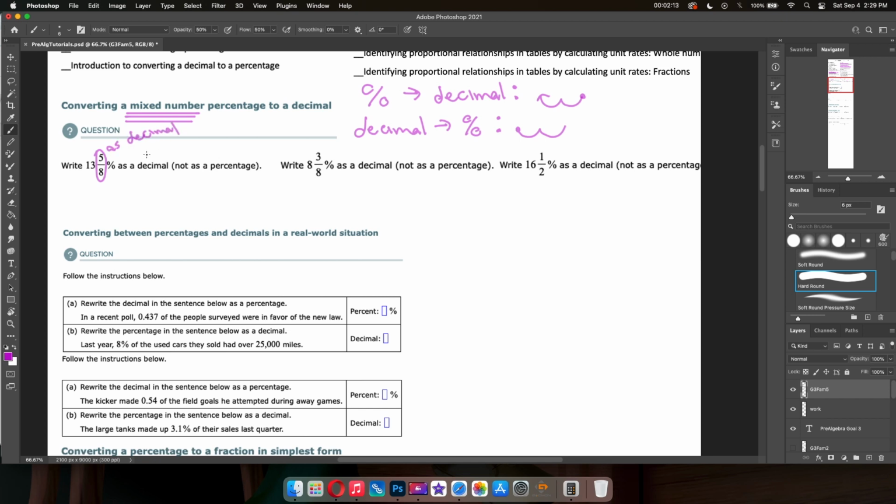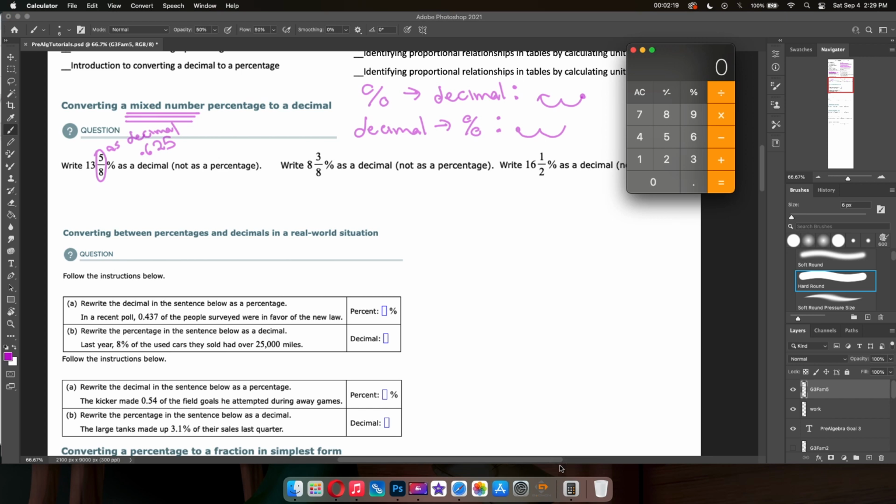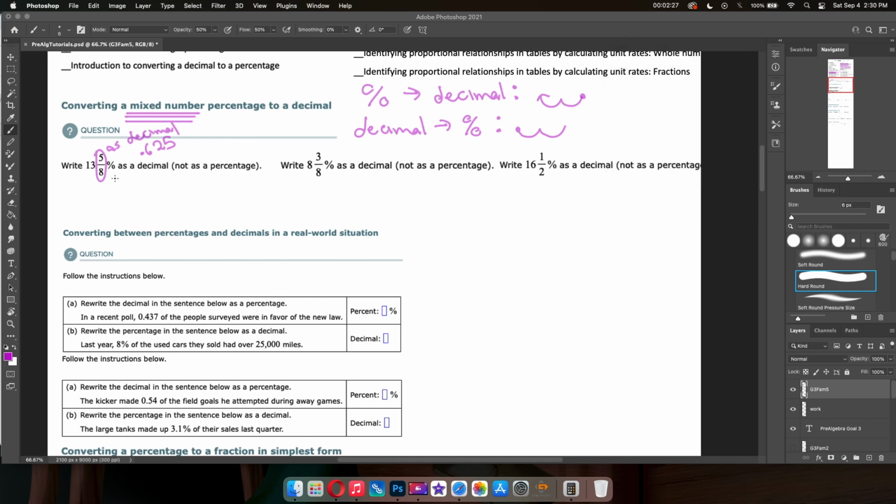I'm going to show off a little bit and tell you that's going to be 0.625, but that's okay if you don't believe me. We're going to double check: 5 divided by 8, and it's 0.625. So when I look at this percentage as a decimal, that is 13.625%.